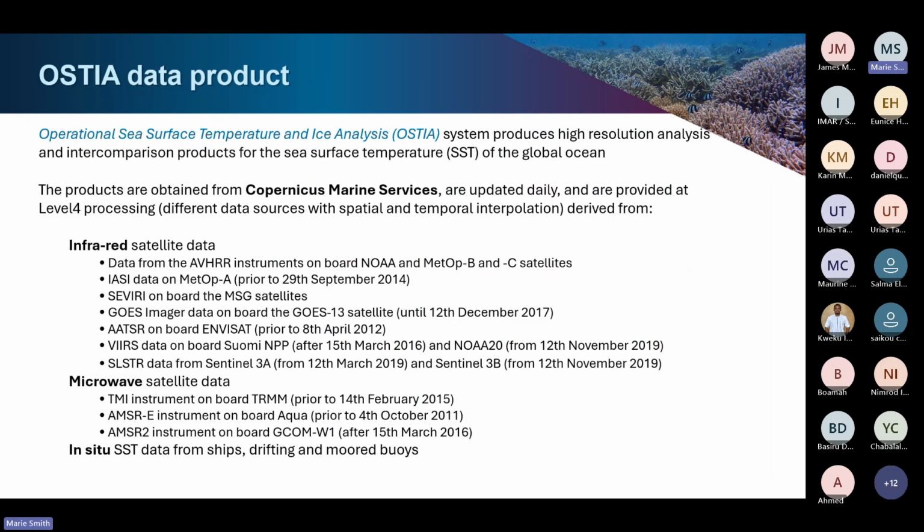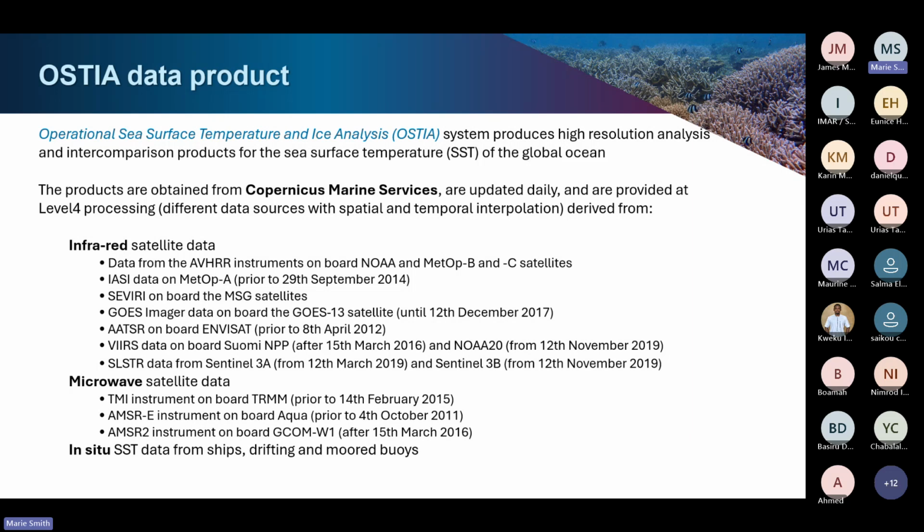So we spoke about the OSTIA data product earlier in the week. This is the operational sea surface temperature and ice analysis product, which provides a very similar sea surface temperature product to what NOAA would be using.